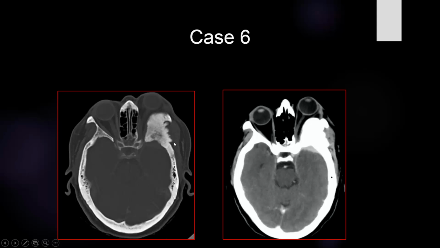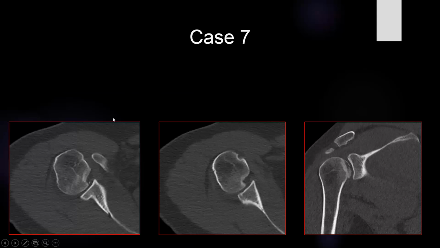Fibrous dysplasia does not have an extraosseous soft tissue component, so the presence of the extraosseous soft tissue component helps to differentiate between both conditions. And also the degree of sclerosis here, this is a sclerosis, not a ground glass. In fibrous dysplasia, the bony texture is usually ground glass, not bony sclerosis.